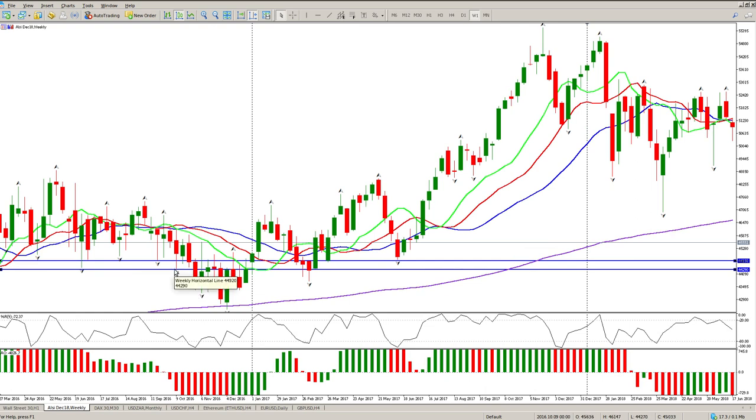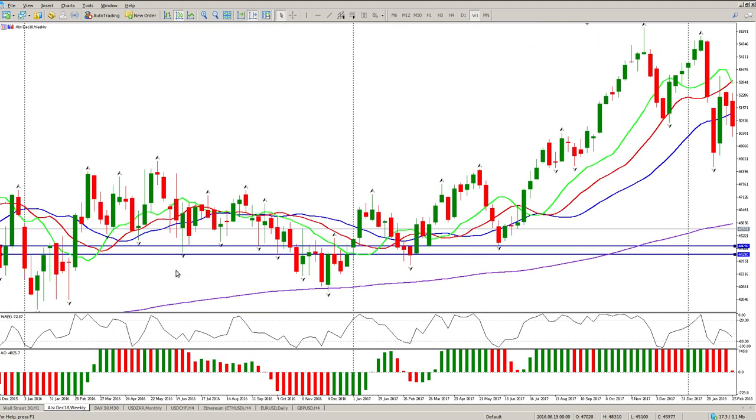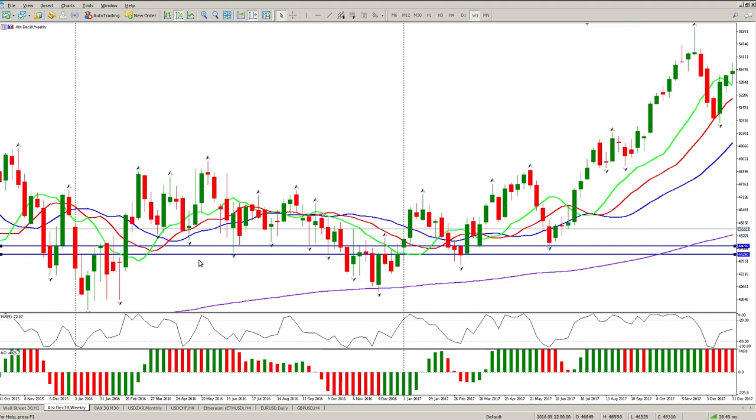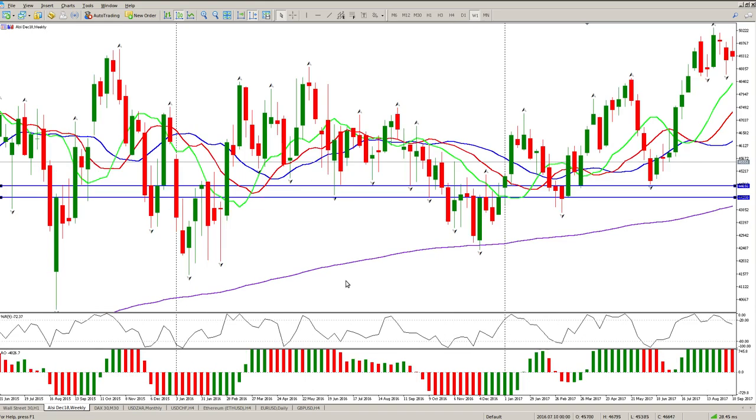Okay, so that level there of 44 to 90, I think it is. So that is a fairly significant level in that we have an inside tail, and another inside tail, and another, and another. We've got a lot of bouncing around off that level.